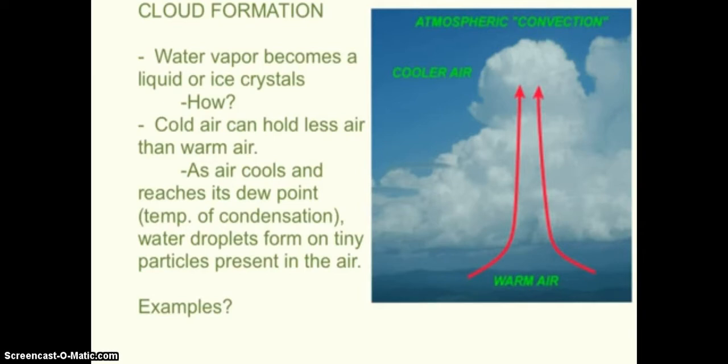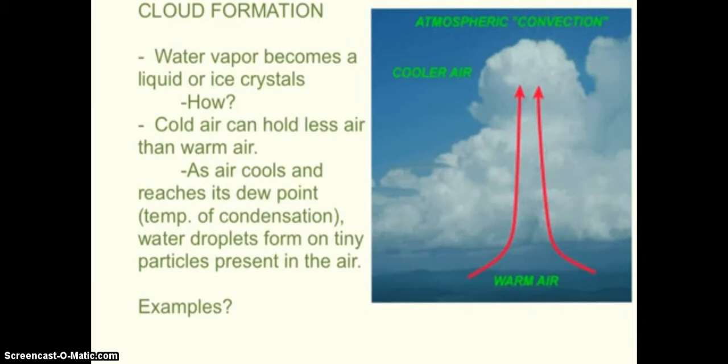So as you see in the picture on the right, if we have some air that is warm, it's going to rise up. And that warm air is also going to contain water vapor, so that water vapor will rise up into the air, or rise up with the air, until it runs into an area of cooler air.